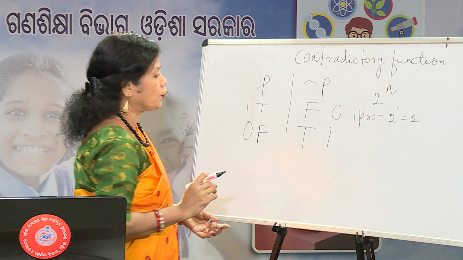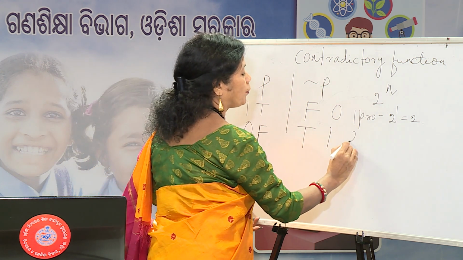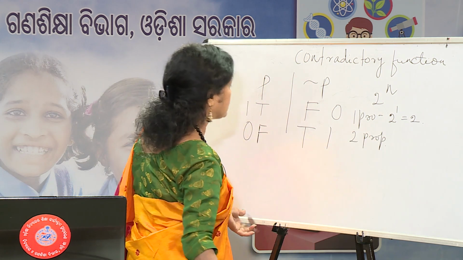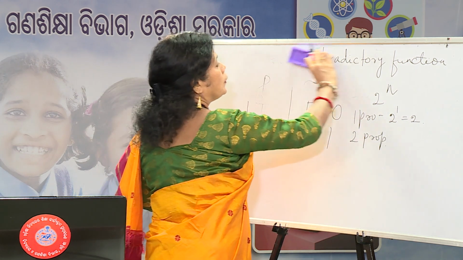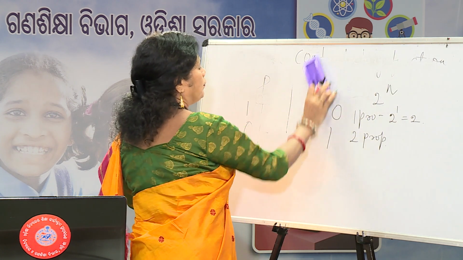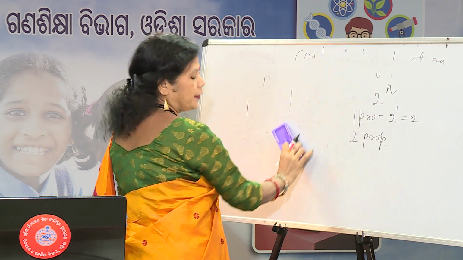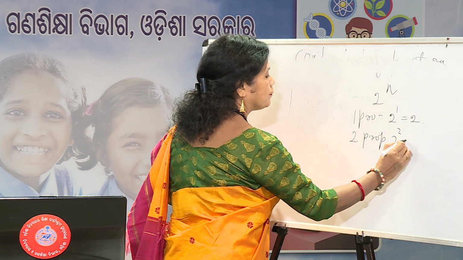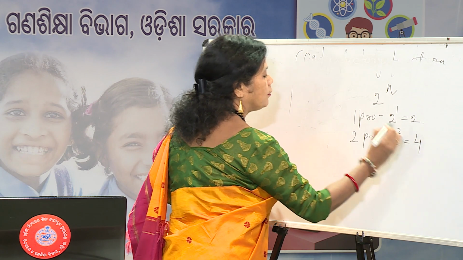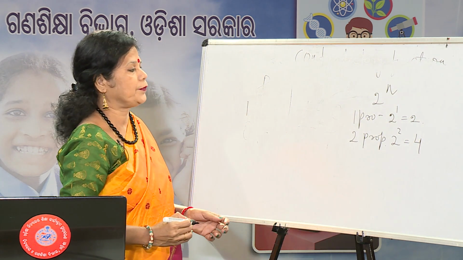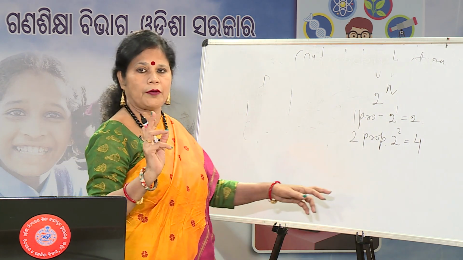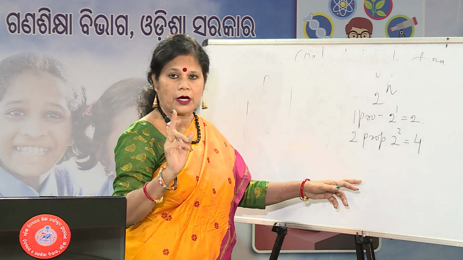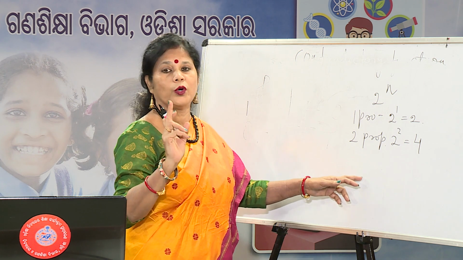Okay, so now if you have two propositions, suppose you have two propositional variables, then how many possibilities will be there? 2 squared, so there will be 4 possibilities. So here the truth value of the function will be determined from 4 possibilities.